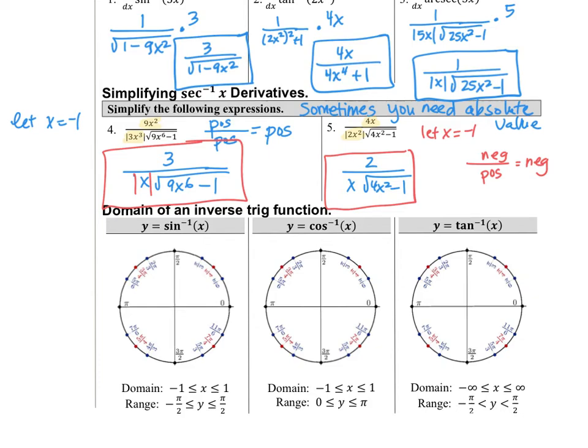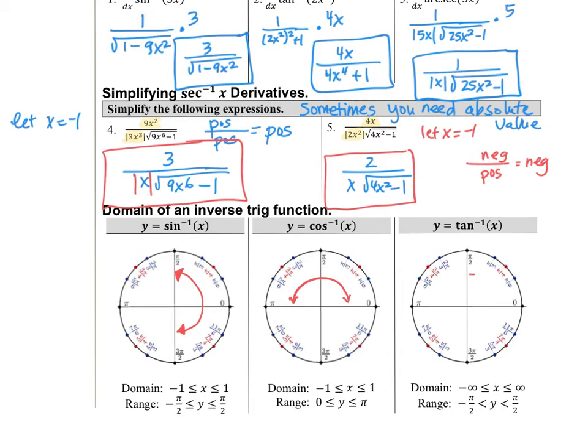So here, if our range is going from -π/2 to π/2, the domain of the inverse function would be that. So for sine, remember sine is only in these two quadrants. And cosine was from 0 to pi. So in these two quadrants was cosine's domain, the inverse cosine's domain, I should say.